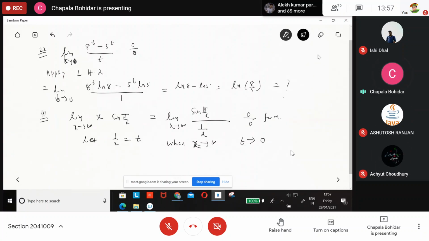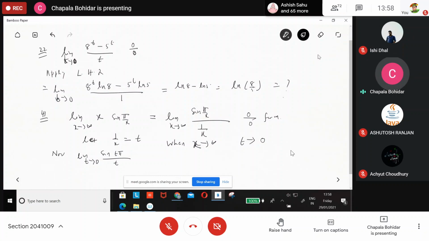Clear? So now I can write down limit t tends to 0 of sine pi t divided by t.